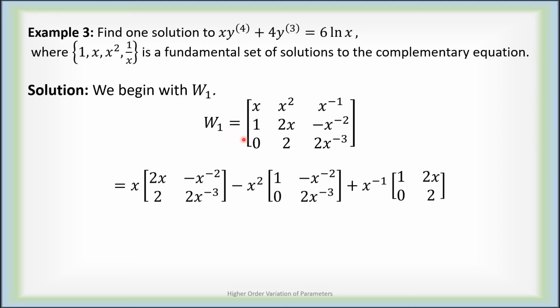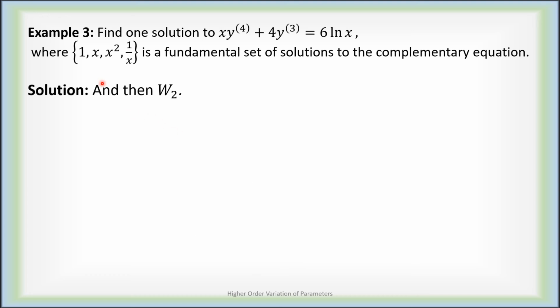I need to compute a determinant of this. Now this is a 3 by 3. I'm just going to expand along the top row. X times this submatrix minus x squared times this determinant plus 1 over x times this one. Works out like this, simplifies down to just 6 times 1 over x. So there is W1, 6 times x to the minus first power.